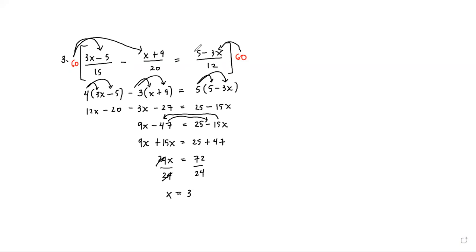Next, let's have another example. So let's consider x plus 1 over x minus 1 is equal to 2x minus 1 over 2x plus 1. So again, our equation here contains fractions, so we shall multiply both sides of the equation by the LCD.